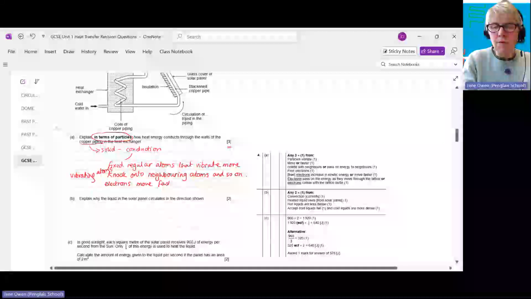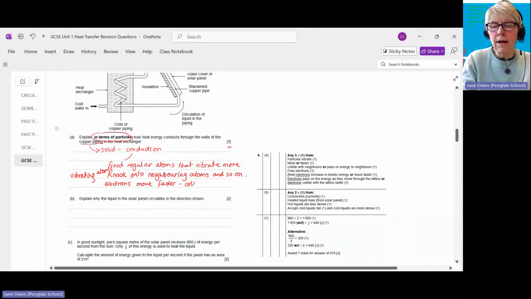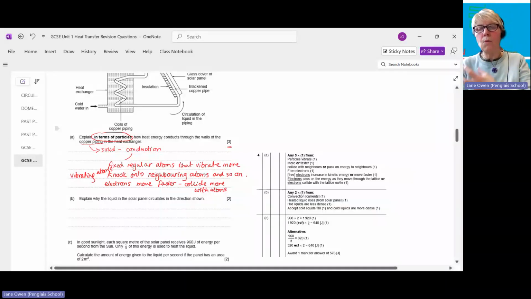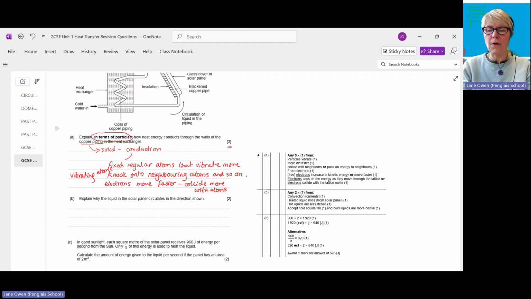And if they move faster, they will collide more with atoms down through the copper bar. Collide more with the atoms. And it's that transfer of kinetic energy with those atoms that makes those atoms have more vibrational energy, i.e. they will be hotter.